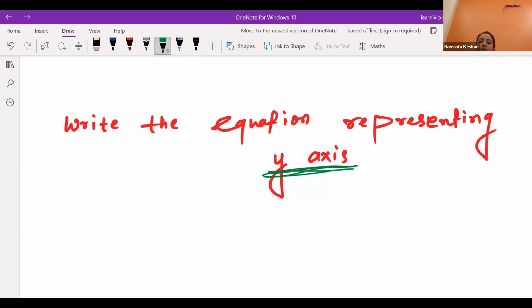Okay, and these concepts which I am taking are in class 9. Okay, and directly you are going to use them in class 10 as well.